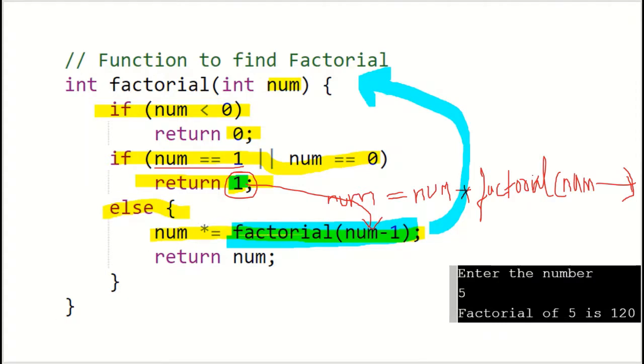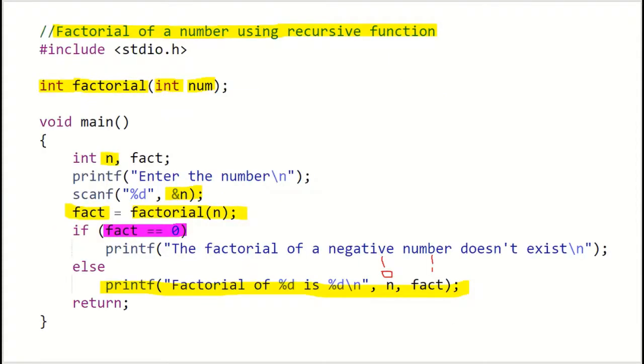So this condition is executed, the else condition is executed. Now it is going back to the main program. The else condition is executed, and it will print the factorial of 5 is 120.